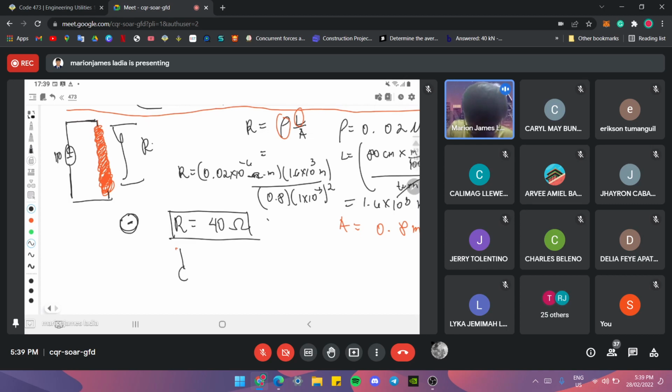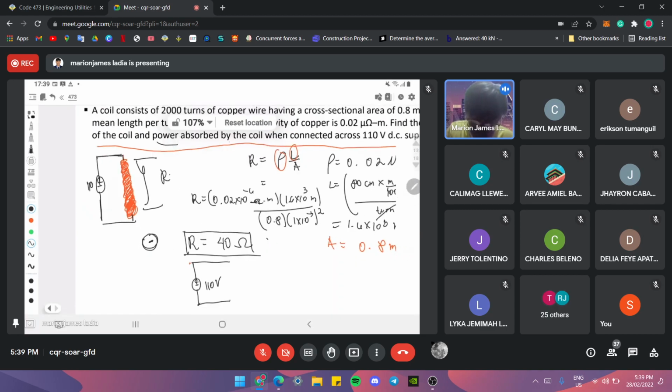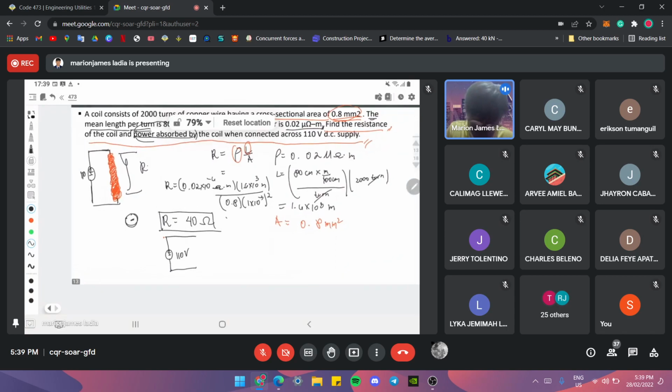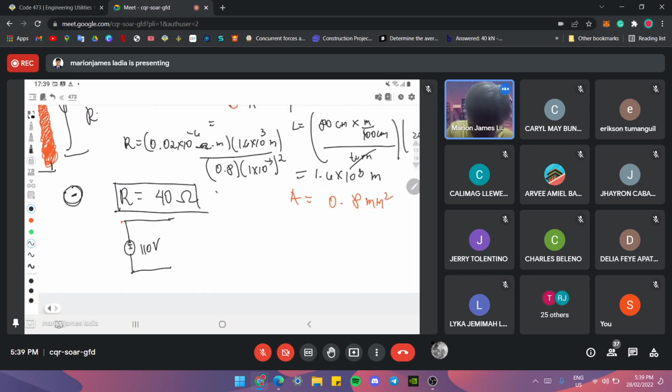Take note na yung 110 natin, nakaparallel yung R natin, neglected yung voltage drop. So, therefore, we have this value, 40 ohm. Okay? So, using Ohm's law, take note that this is in parallel. So, therefore, yung voltage natin dito is also equal to 110 volts.